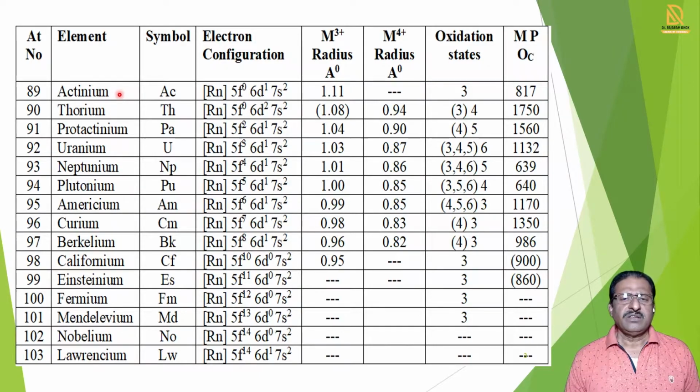So the element with atomic number 89, actinium, is actually not a member of this series. The series starts from thorium, but it is the inner transition series, and that inner transition series started from actinium. So this name is given: actinide series.